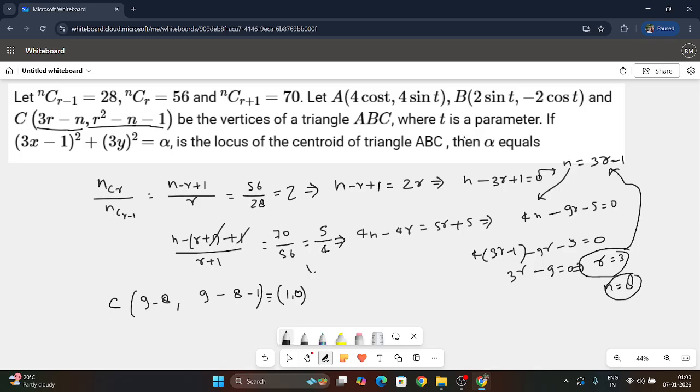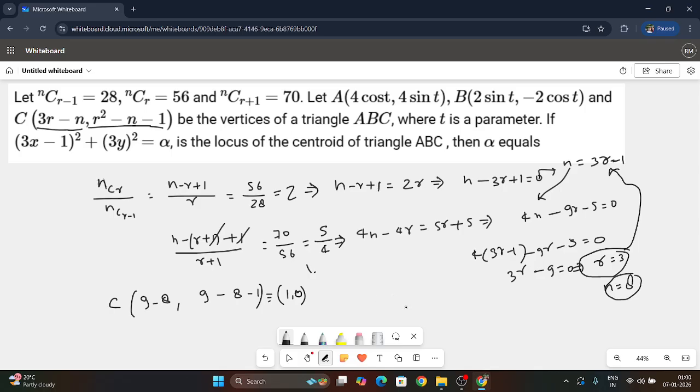We have to find the locus of the centroid of the triangle. First of all, let's find the centroid. For any triangle, the centroid is (x1 plus x2 plus x3) divided by 3, comma (y1 plus y2 plus y3) divided by 3.